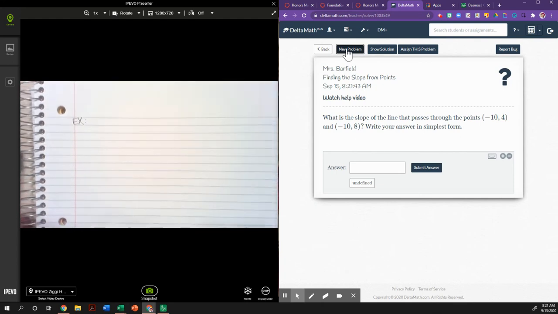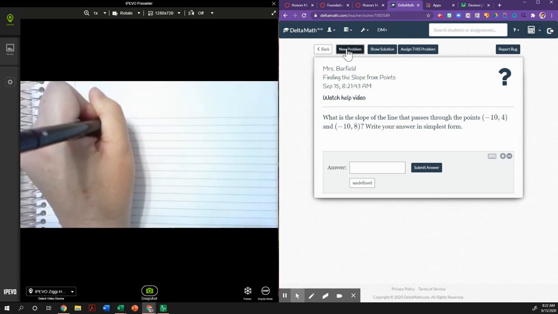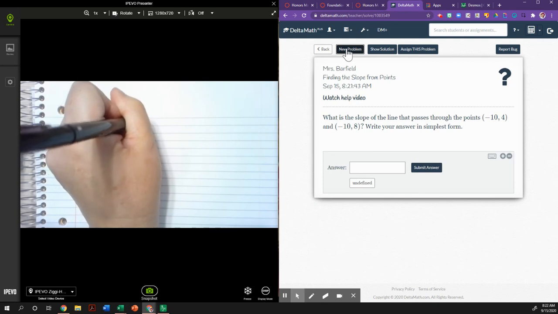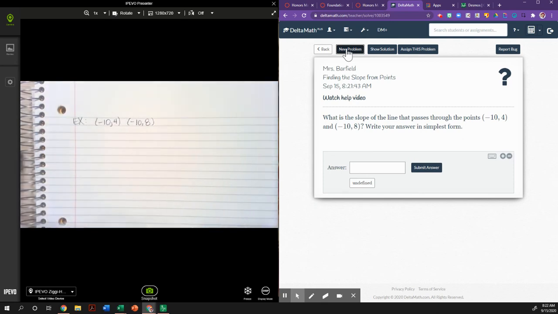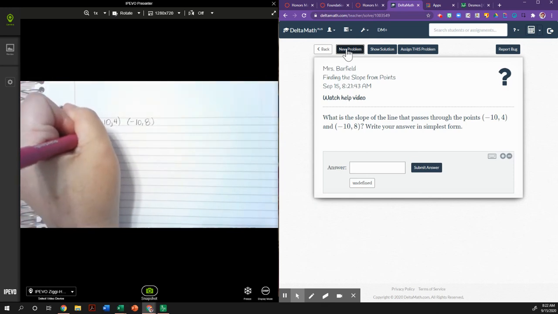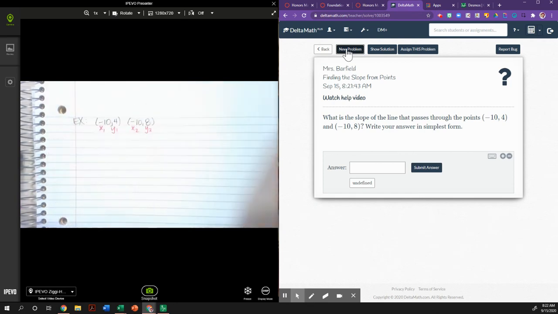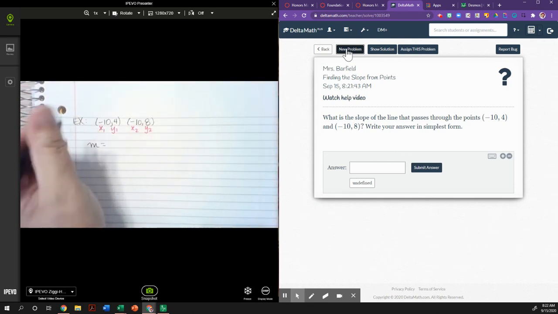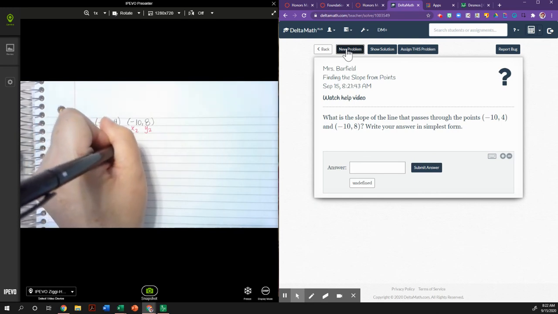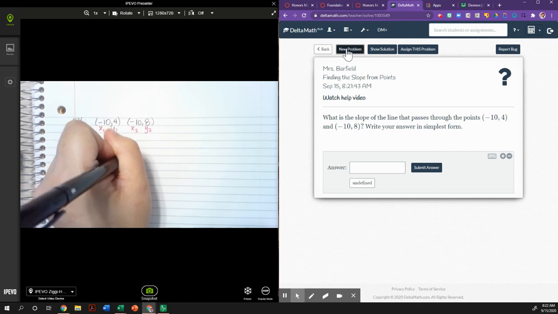What is the slope of the line that passes through the points (-10, 4) and (-10, 8)? So x1, y1, x2, y2. I get m equals 8 minus 4 over negative 10 minus negative 10.